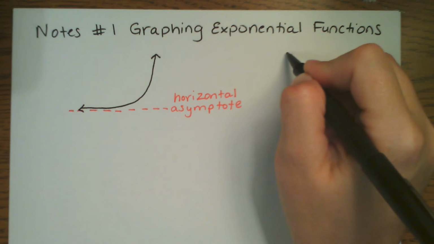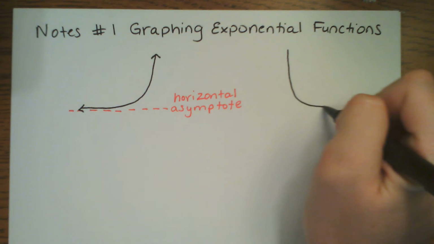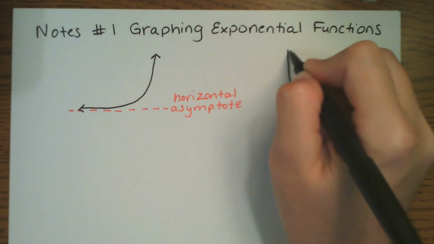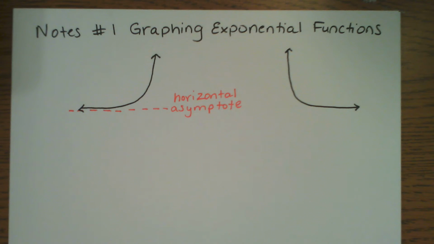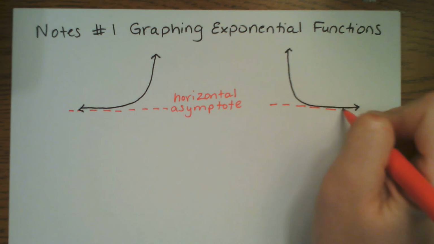Or it could go from really high to really flat, again with the asymptote on the bottom.